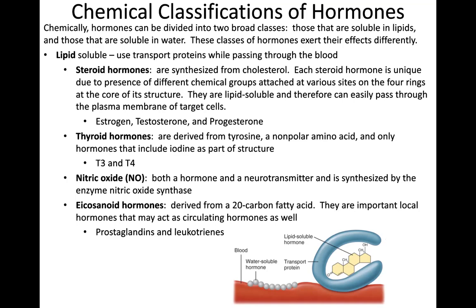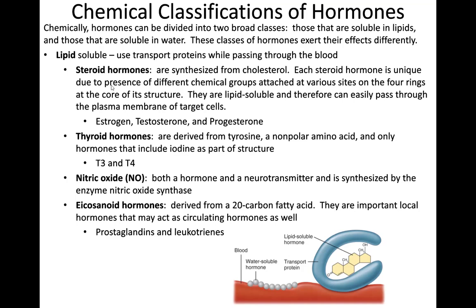Remember how water and fat get along? Not very well, right? And about half of your blood, guess what it is? Water. So when in our blood, lipid-soluble hormones need an Uber, what we call a transport protein, to get to their target cells.